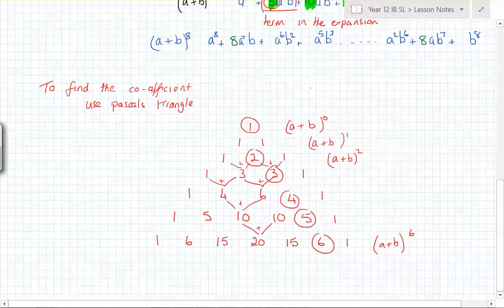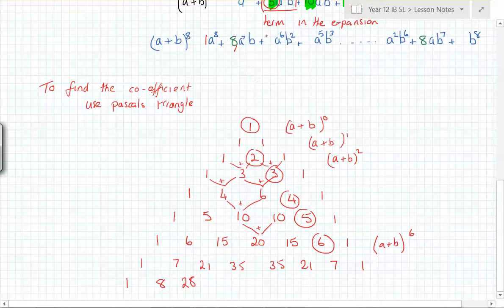Okay, so we should know then, to the power of 8, what do we need to do to find the coefficients? So it's got to be 1, 7, what is it? 21, 35, 35, 21, 7, 1, and 1, 8. We got that right. We've got the 1 in front, but we don't write it. What's the next one? 28.